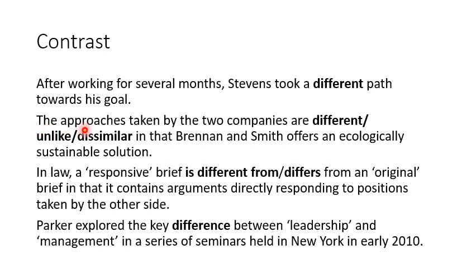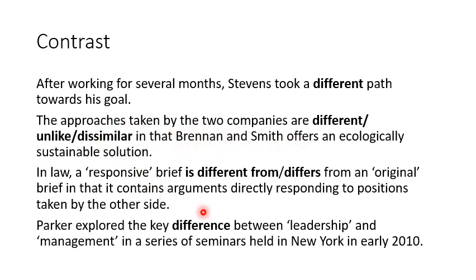Thus, this sentence contrasts the approach of Brannan and Smith from the other company's approach. We are talking about the approaches of two companies, and we contrast the approach of Brannan and Smith by saying they offer an ecologically suitable solution. So we give an advantage of the approach of Brannan and Smith.